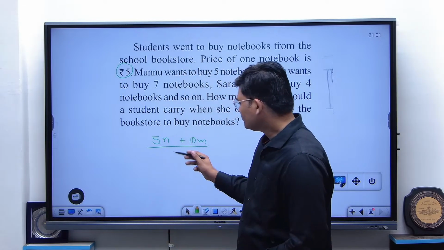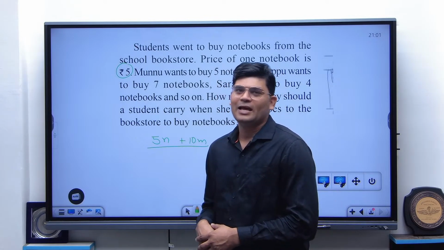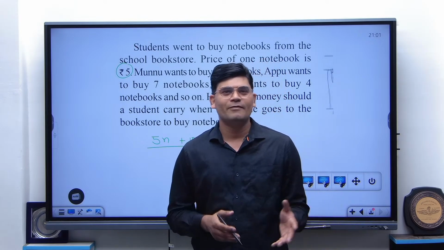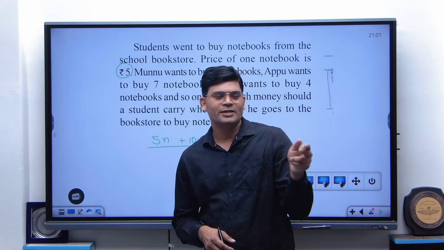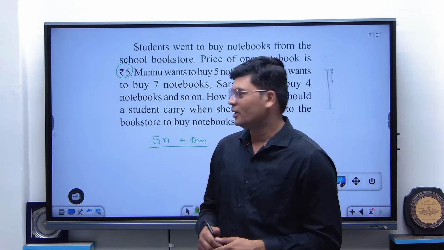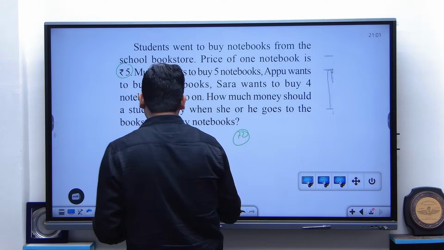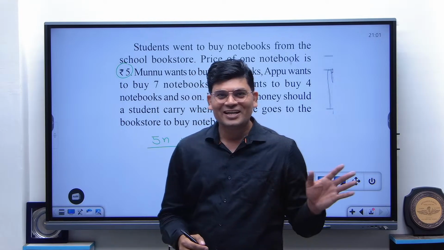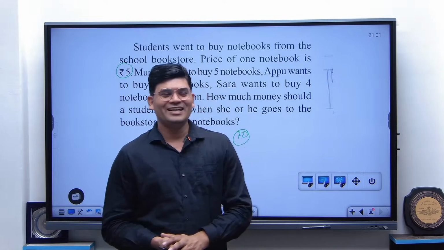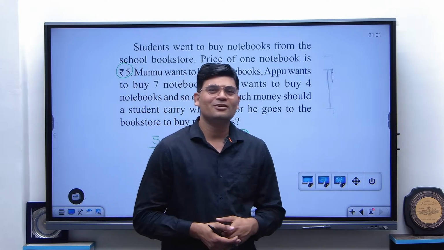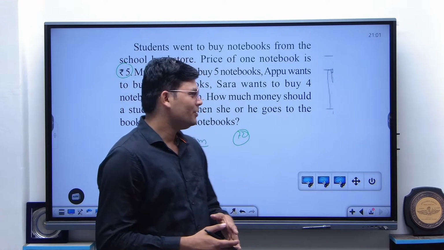So 5n plus 10m, suppose there are 25 students and 11 teachers. So 25 plus 11 is going to be 36. And if you are going to share 2 each, then 36 into 2, so we will take 72 chocolates. But to be precise, if somebody asks for 3, then at least you will take 8 more, so you will take 80 like that. Okay, if somebody is absent or not well or is a health freak, then it is a different game.